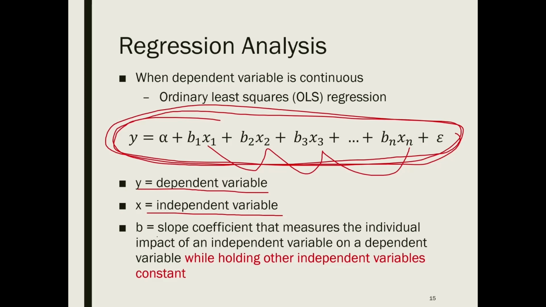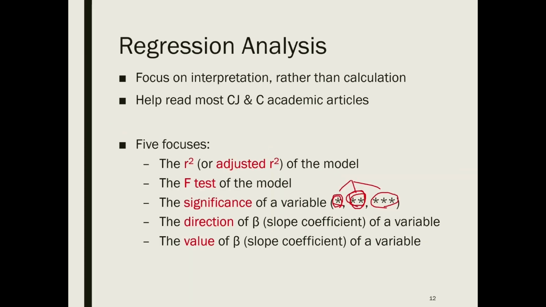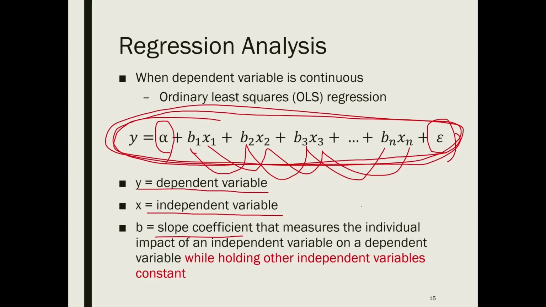The b is the slope coefficient for each of the independent variables, right? And we also have the alpha intercept and also the error term. We are not going to really focus on them. So what we're focusing on again is what we talked about previously: the R square, F test, significance, direction, and the absolute value. Okay.